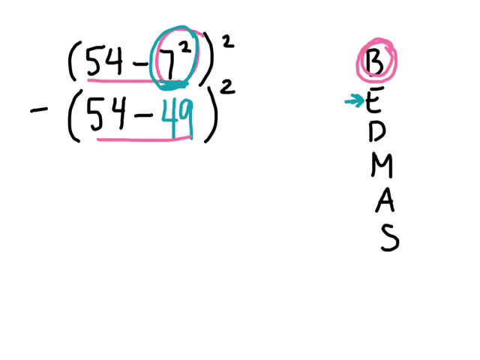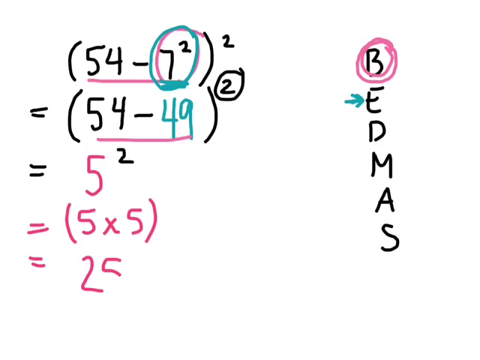What is 54 take away 49? 5. So 54 take away 49 is 5. And we have this squared. So what's 5 squared? What's 5 times 5? 5 times 5 equals 25. Right? That's what this means. 25. And that's it. We had no division, we had no multiplication, no addition, and no subtraction.